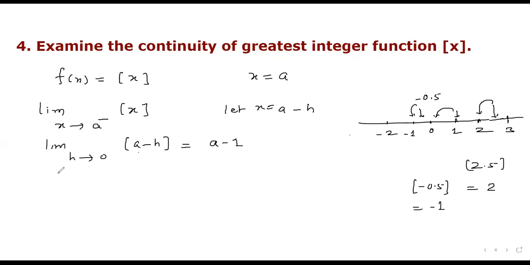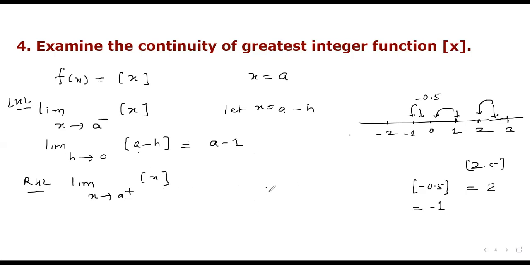Similarly, suppose we consider RHL. This was LHL, now RHL. Suppose limit x tends to a plus of the greatest integer. Again, same rule.